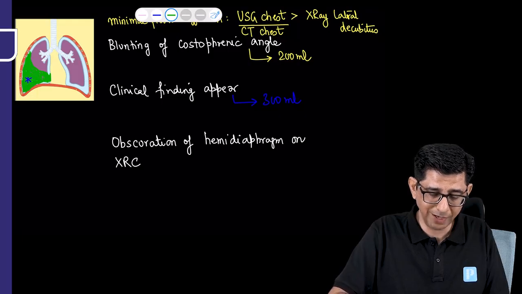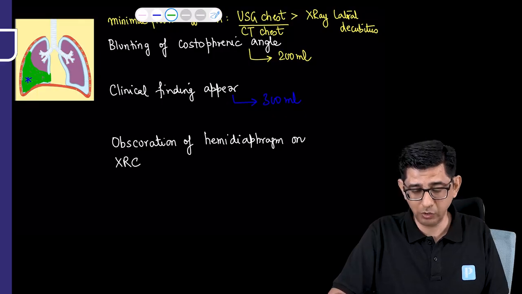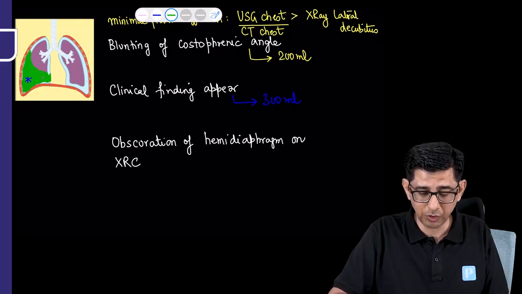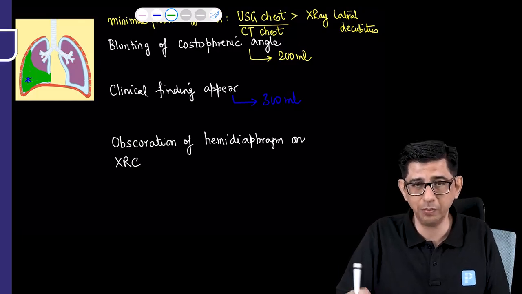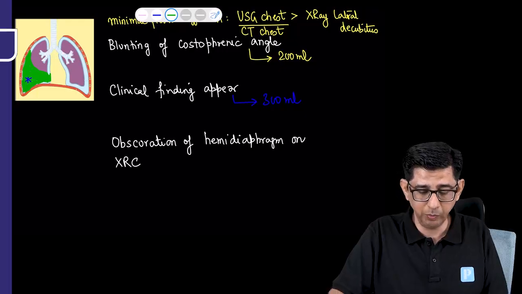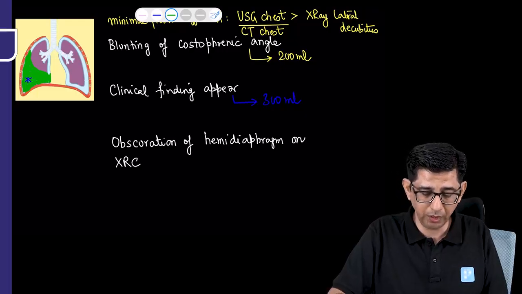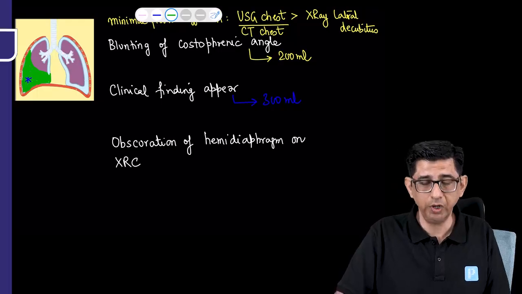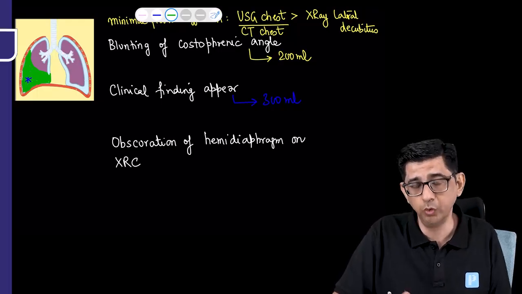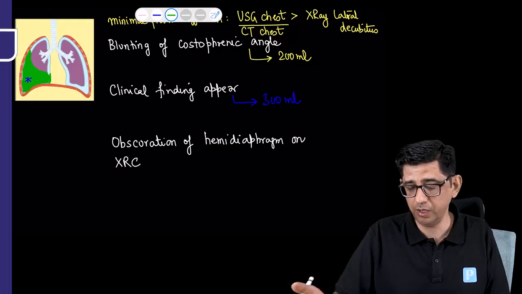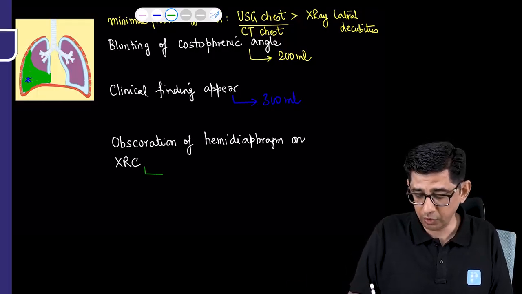It may not be an exact S shape for you because it's going to be a 2D, right? So actually the textbook will describe Ellis curve as an S-shaped curve. But at this moment, all I can say is in a 2D, it might look like a concavity itself. So what you can now see in this X-ray where I've done more shading would be an obscuration of the hemidiaphragm on a chest X-ray, and this would be visible at about 500 ml.